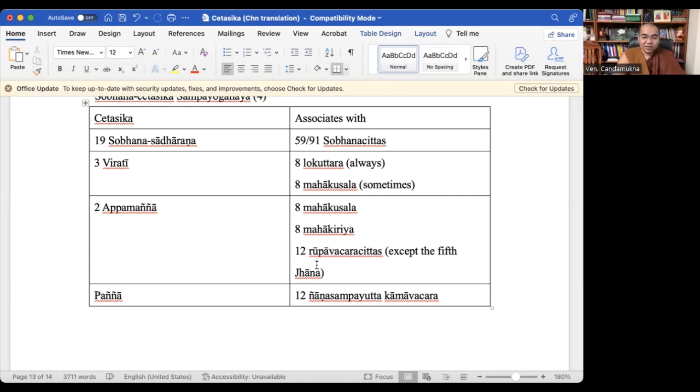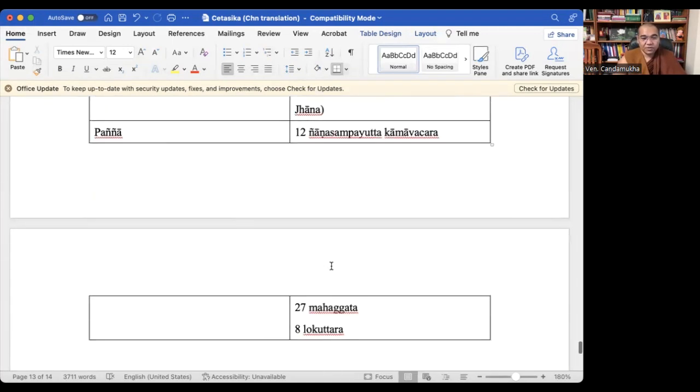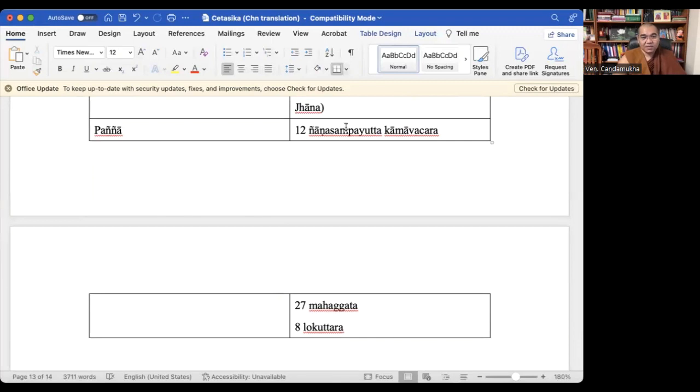Then the last one is the Panna Cetasika, Pannindriya, wisdom. Pannindriya associates with the 12 Nana Sampayutta Kamavacara Citta. Among the 24 Kamavacara Sobhana Citta, 8 Mahakusala, 8 Mahavipaka, 8 Mahakiriya, you can see Nana Sampayutta only 4 in each one.